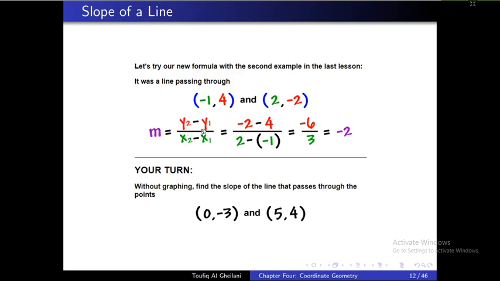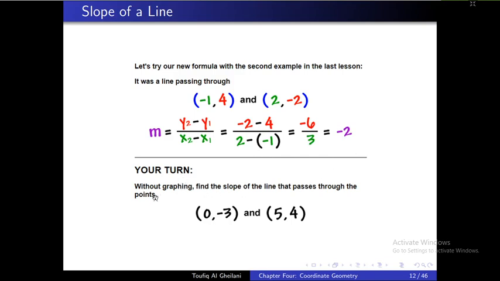So y2 is minus 2 minus y1, which is 4, over x2 is 2 minus x1, which is minus 1. So minus 2 minus 4 gives us minus 6. 2 minus minus 1 gives us 3. So minus 6 over 3 gives us minus 2.